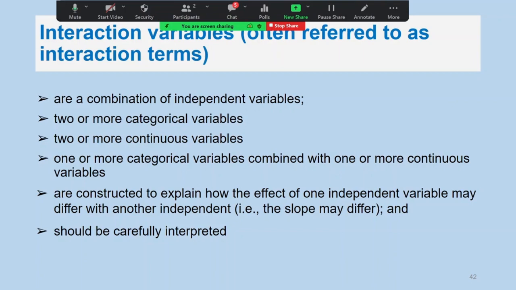Okay, now let's move on to interaction variables. These are also very important. Interaction variables, often referred to as interaction terms. Those two things are used interchangeably in the literature. They're a combination of independent variables. You could have two or more categorical. What are categorical? Categorical is when you have a 0-1 variable, right? A state provides need-based aid only.